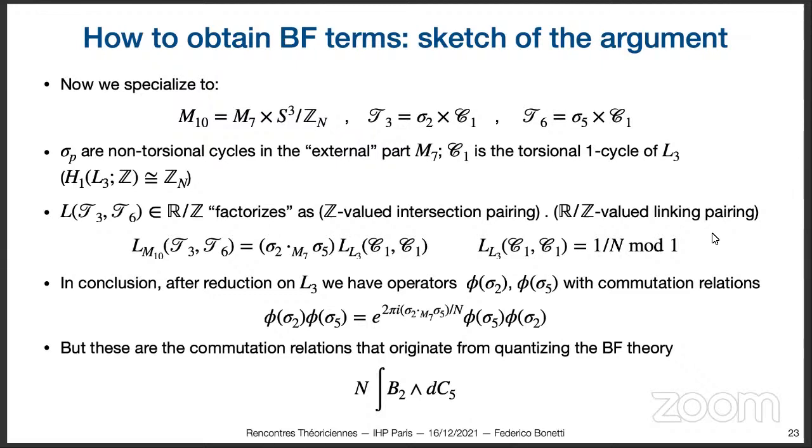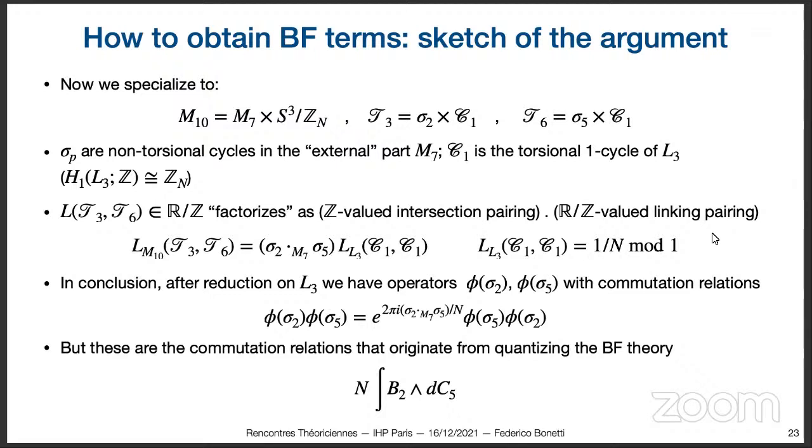This is just a geometric quantity. It's a property of the geometry of the lens space, and it's well known to be equal to 1 over n mod 1. So we can plug that in. Then we realize after this dimensional reduction that in the lower-dimensional theory, we now have a different set of non-commuting operators satisfying these canonical-looking commutation relations.